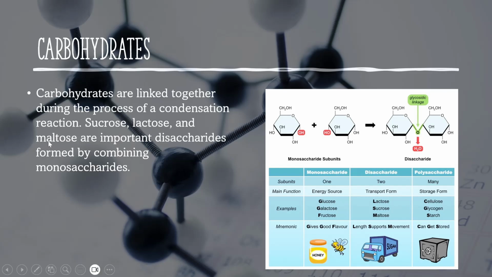Sucrose, lactose, and maltose are the three disaccharides you have to know. And then you also have to know the different functions of the forms of sugars. So monosaccharides: glucose, galactose, fructose. Fructose is in literally everything. Almost all the sweet things have high fructose corn syrup.